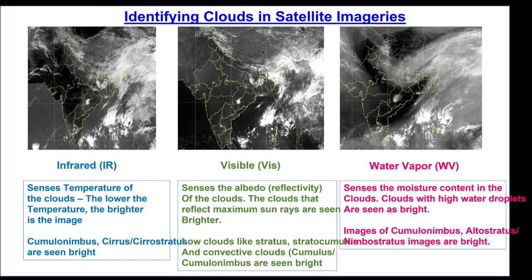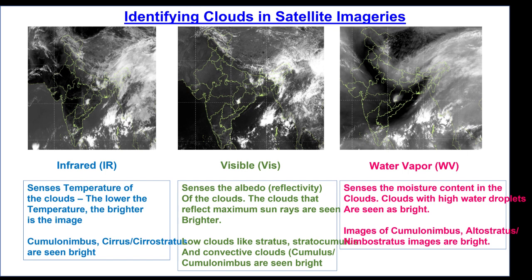On the other side, the cumulonimbus clouds, the CB clouds, the vertically growing clouds, that is cumulonimbus and cumulus, also grow to great height vertically. So the tops of the clouds also have very low temperatures, of the order of minus 20 to minus 40. So these clouds are seen brighter.